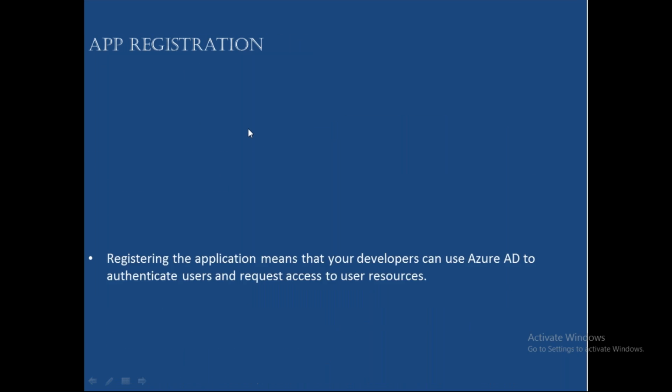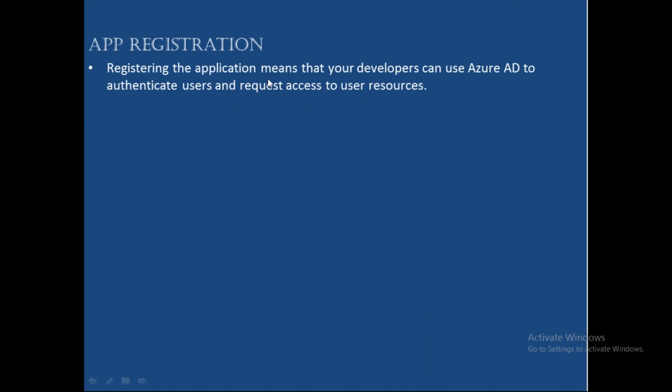Okay, fine. App registration. Registering the application means that your developers can use Azure Active Directory. AD means Azure Active Directory, to authenticate users and request access to user resources. For example, you have registered some X application.